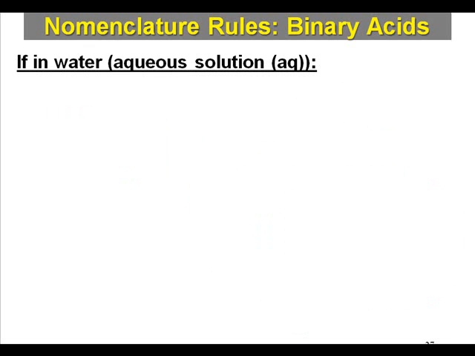When it comes to the binary acids, remember that's the one without the oxygen, there are two categories. If the acid powder is dissolved in water, it's referred to as an aqueous solution and is denoted by being AQ. That is something you will need to recognize and know.